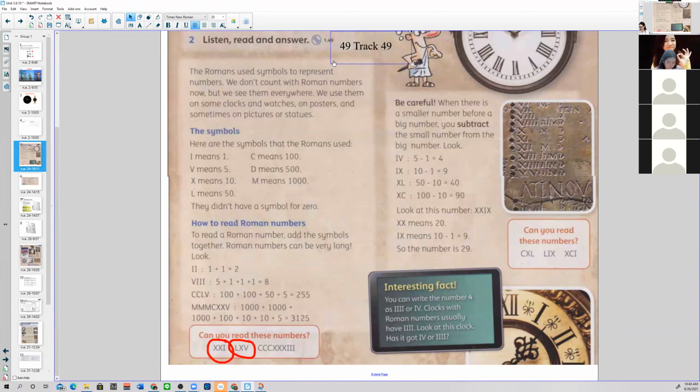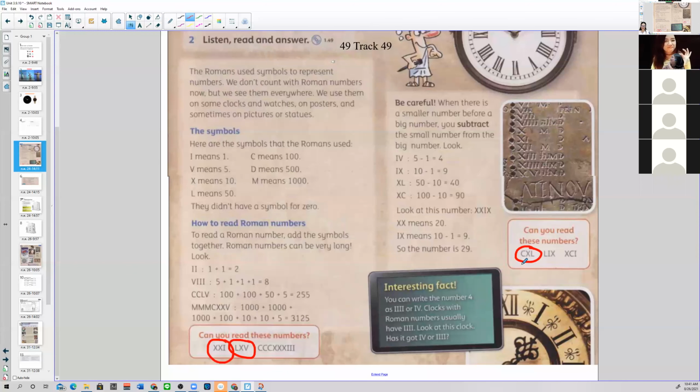Can you read these numbers? Can you read this number? CXL. Anyone? CXL.